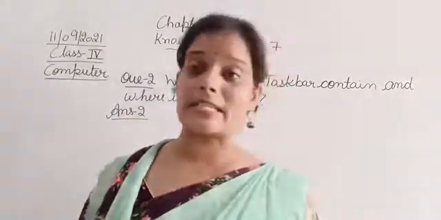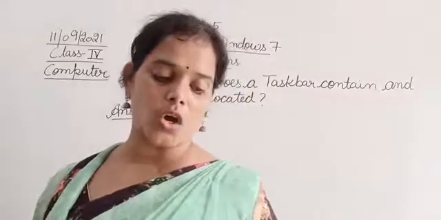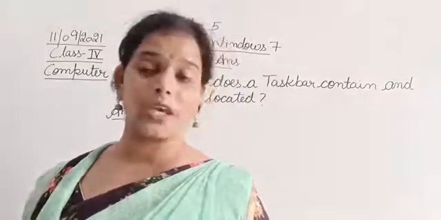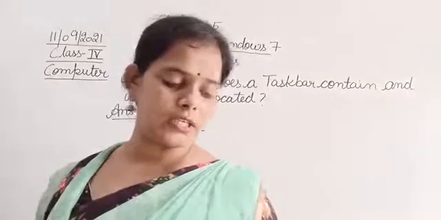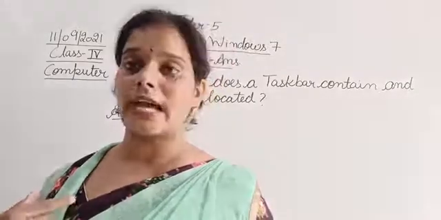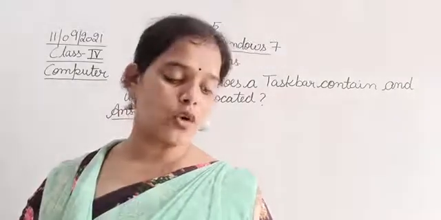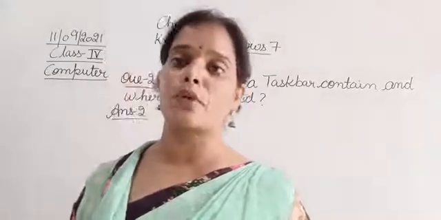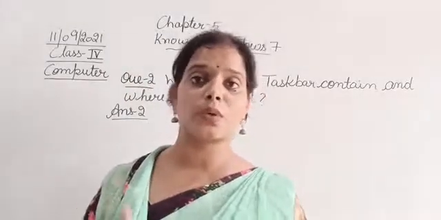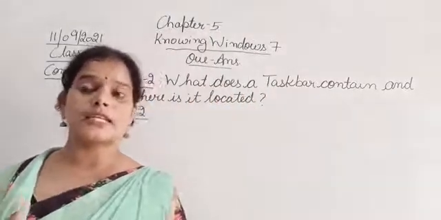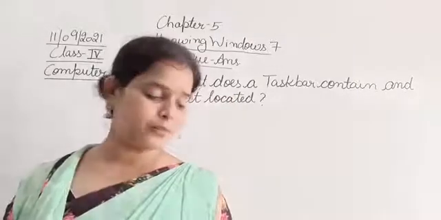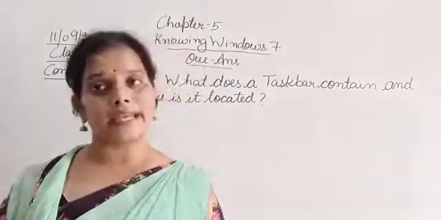The taskbar contains the start button on its left corner and the clock on its right corner. We can also see shortcut icons for opening some programs. And the second question is where is it located? It is located at the bottom of the desktop.